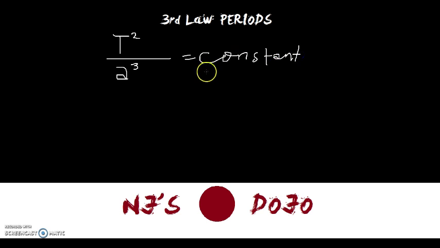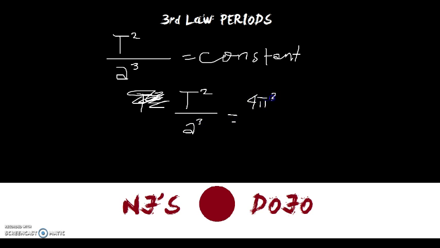This proportionality constant can be expressed in terms of the mass of the sun and the universal gravitational constant, which would mean T squared over A cubed is equal to 4 pi squared over the gravitational constant multiplied by the mass of the sun.